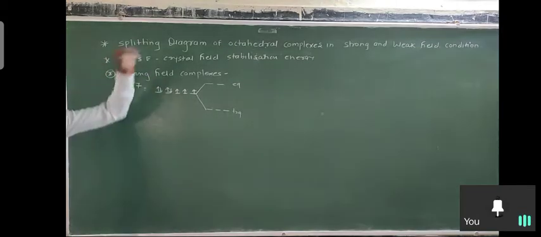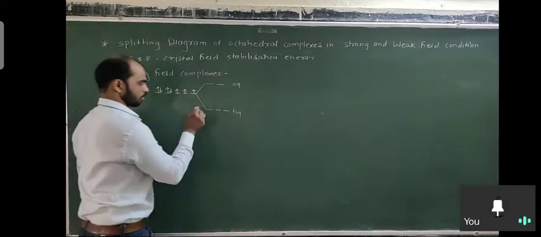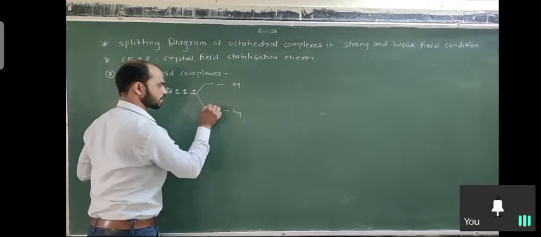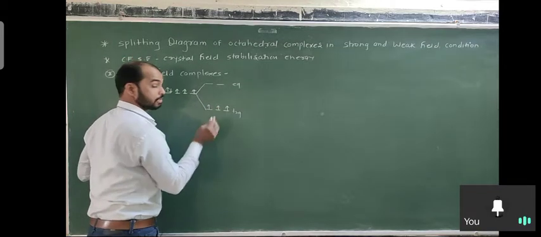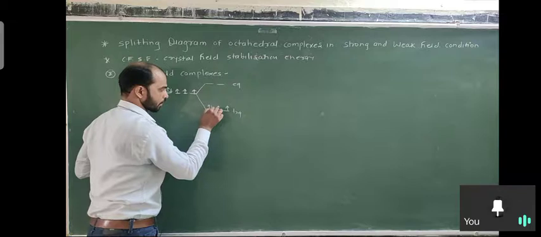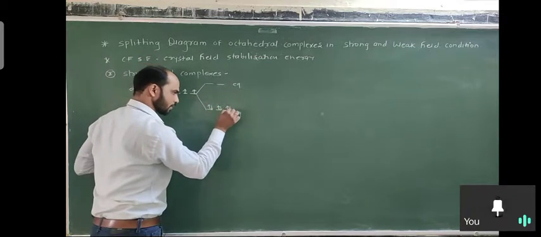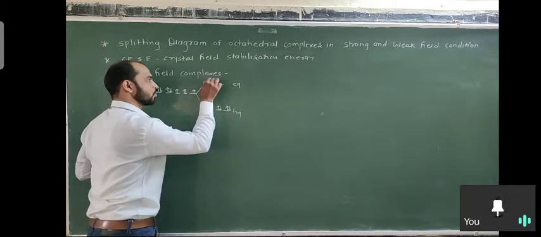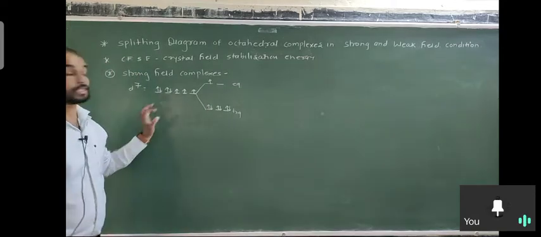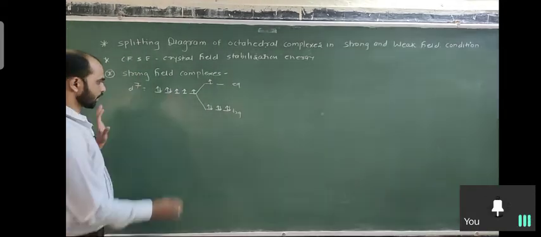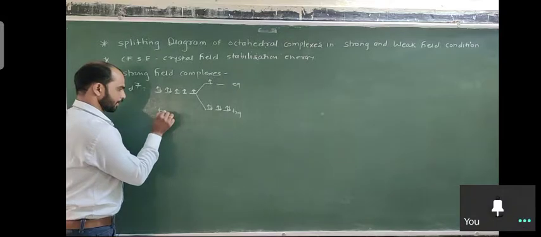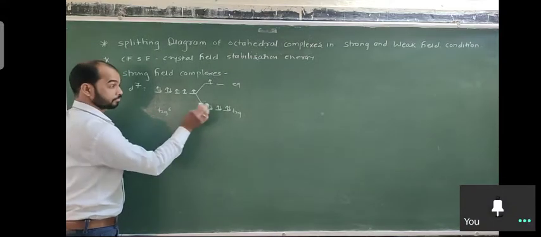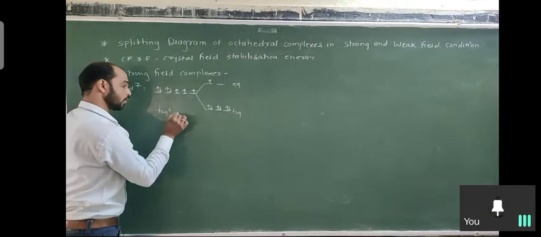Okay, there are 7 electrons. Strong condition: first 3 always enter t2g. Due to strong condition, the fourth one is paired, fifth one is here, sixth one is here, then the seventh one goes in eg. So what is the electronic configuration? Here t2g has 6 electrons, eg has 1 electron.